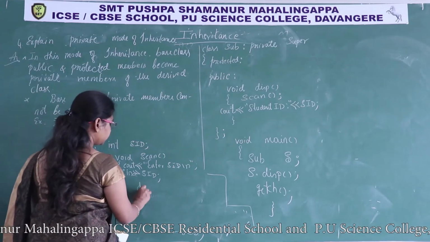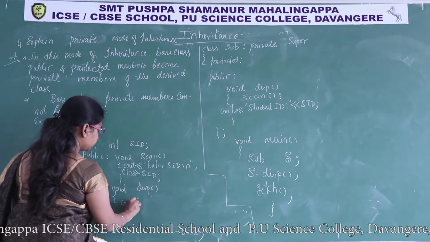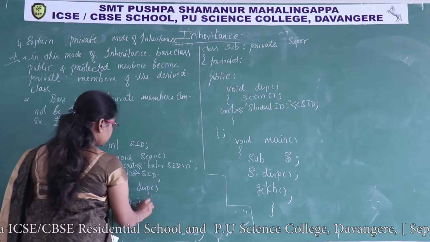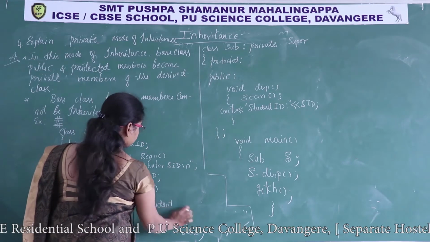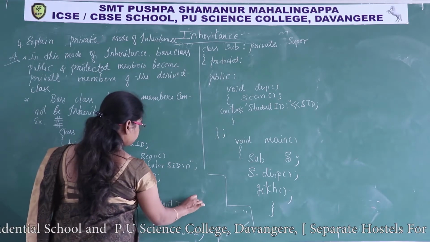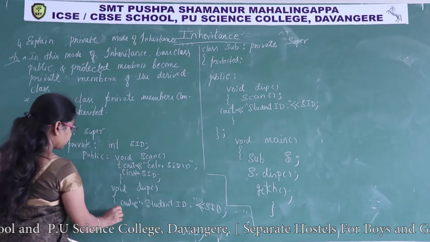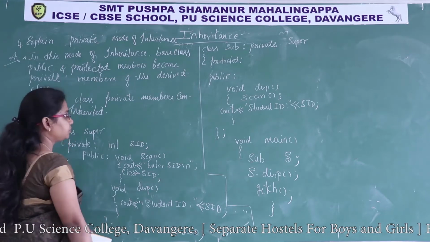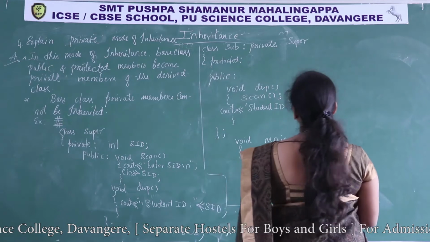Void disp, cout insertion student ID colon, SID, class close. Now the derived class sub is inherited in a private mode.